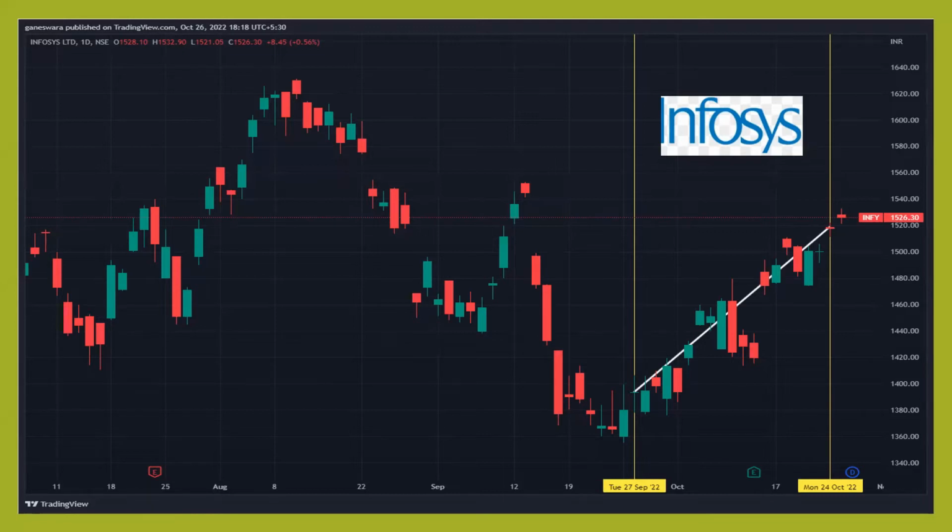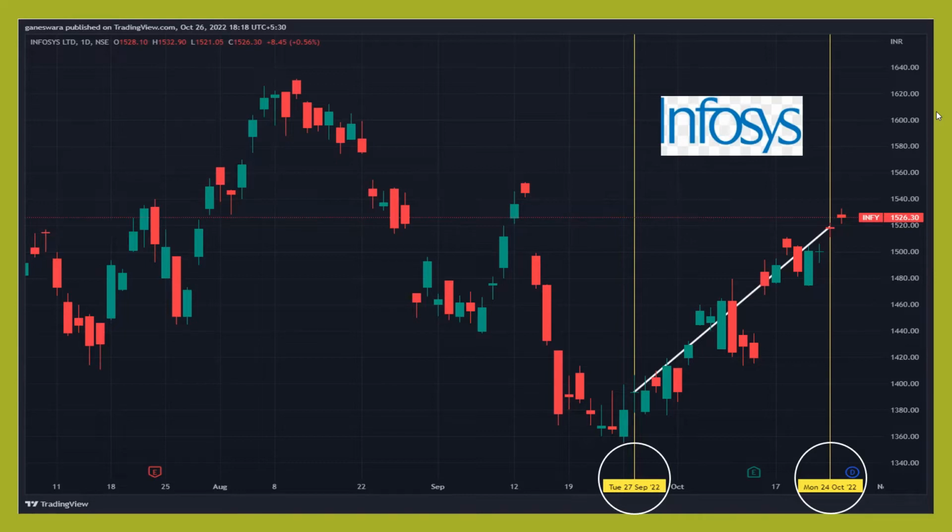If you see, on 27th September, Tuesday, I entered into this trade. On 24th October, Monday, I closed the entire trade. When you see this trade, from the moment I entered, despite the ups and downs, overall it appears like this, and that is where we call it bullishness.